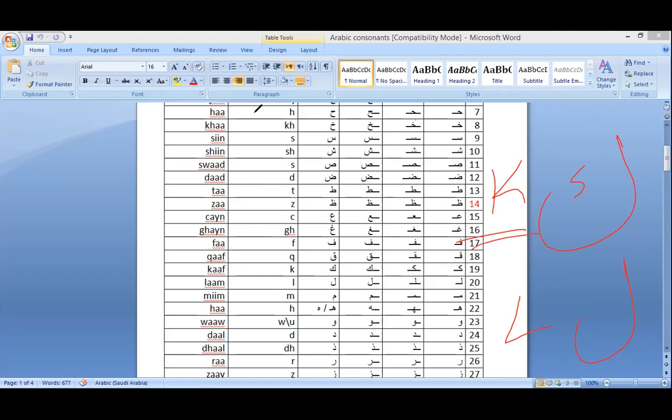Think of any name that begins with K. Karanja, that's another one. Korea. Kamal. So that is Ka.